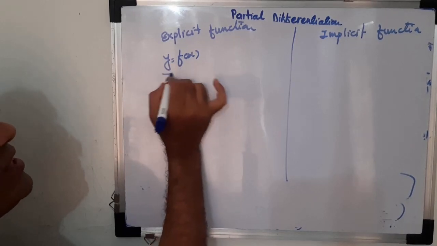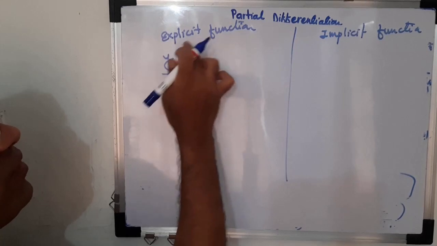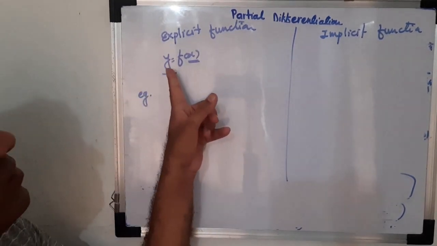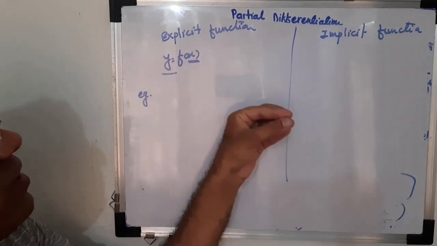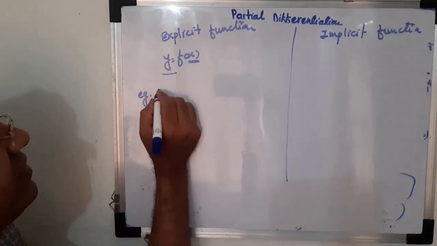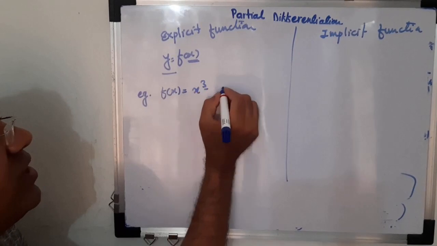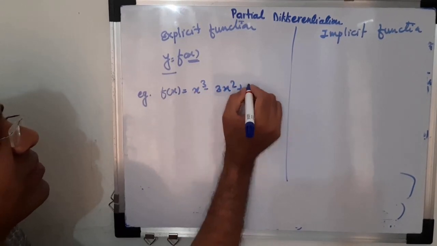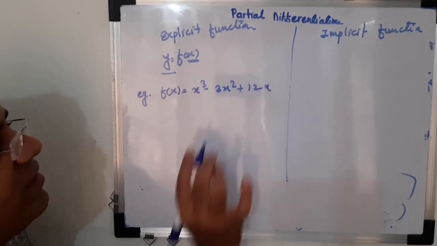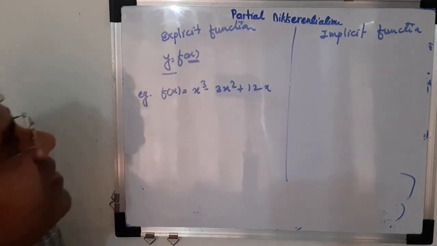So y is called an explicit function of x, and the example means we can write y as a function of some variable, for instance x cube minus 3x square plus 12. So this is your explicit function.